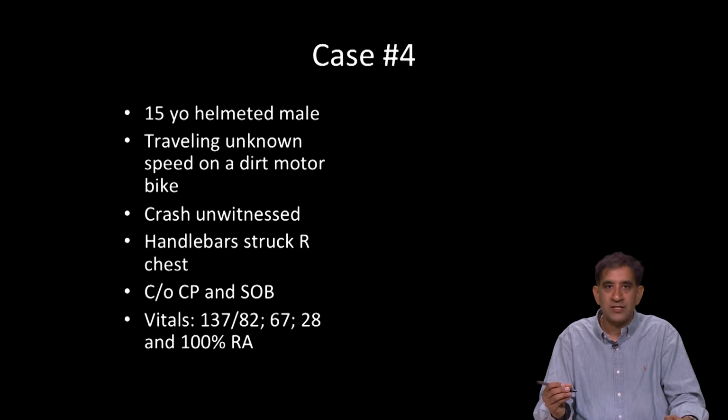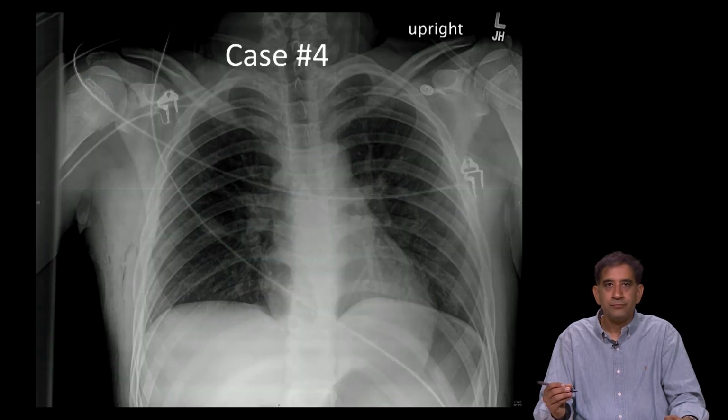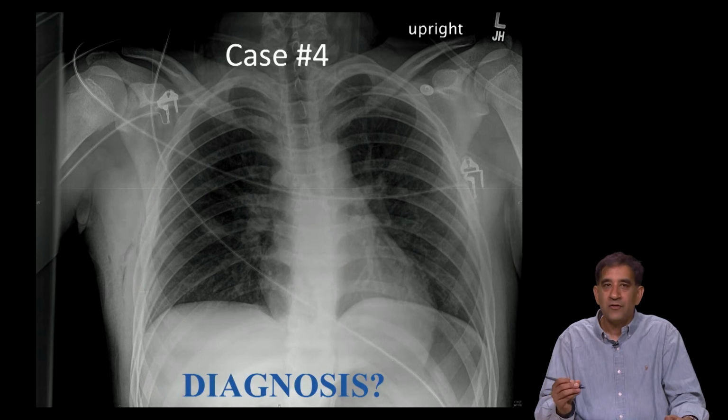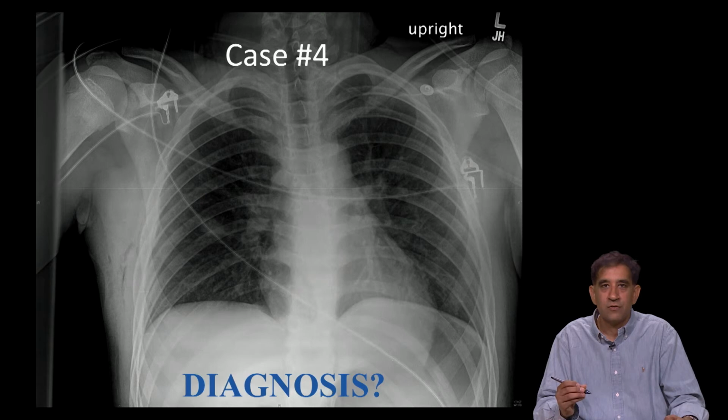So let's look at his chest x-ray. Look very carefully. What is the diagnosis in this particular patient? And I'll give you a clue. The answer is not over the lung fields or the heart and mediastinum. It's on the periphery of this x-ray.